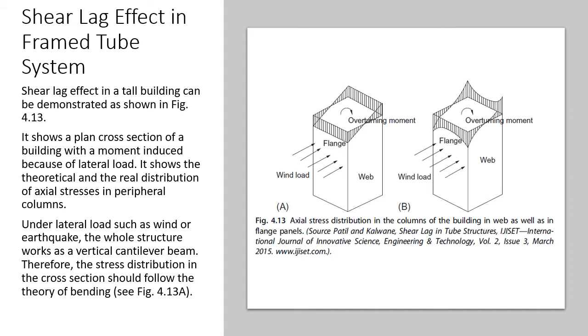Under lateral load, such as wind or earthquake, the whole structure works as a vertical cantilever. Therefore, the stress distribution in the cross-section should follow the theory of bending in figure 4.13a. Theoretically, this is supposedly the stress distribution.